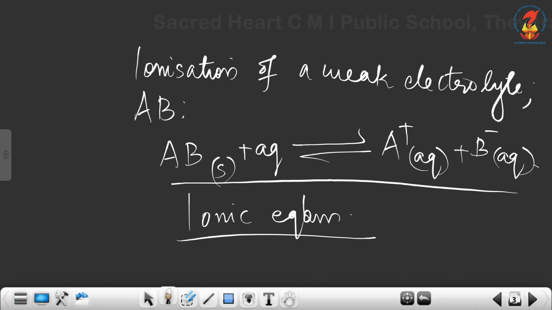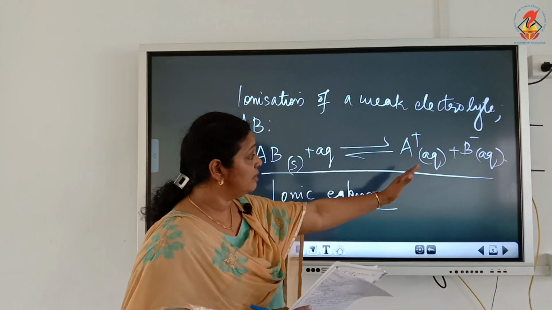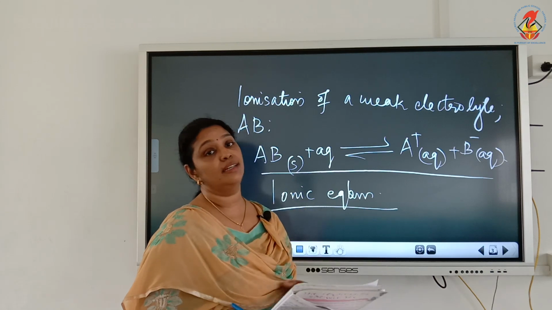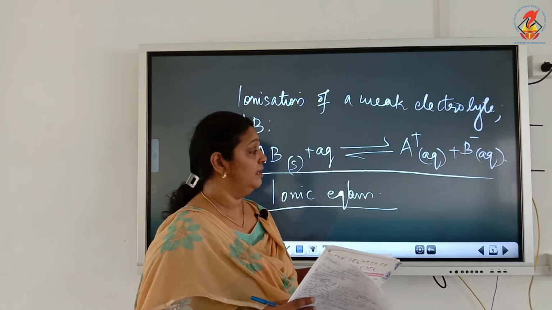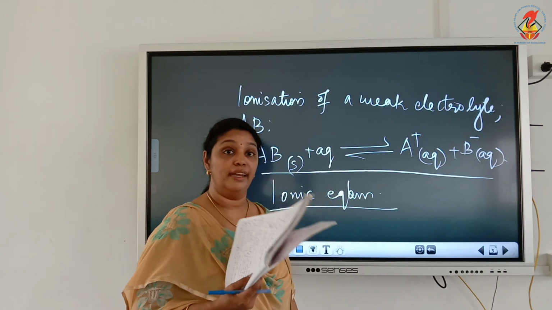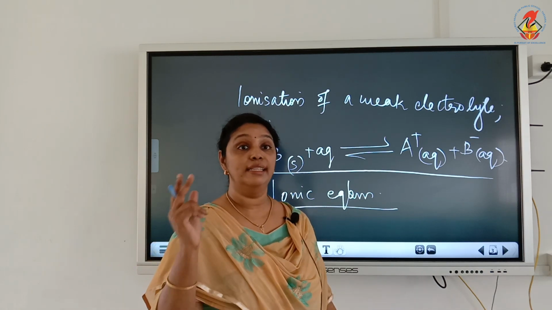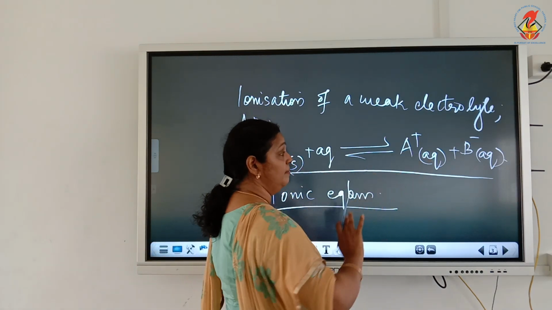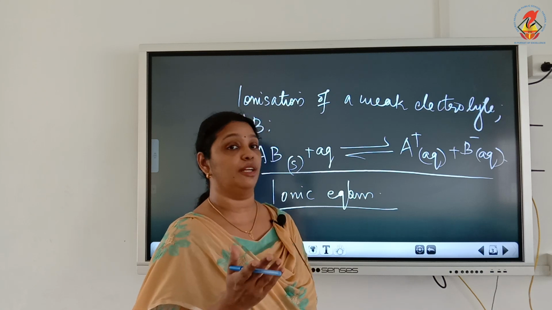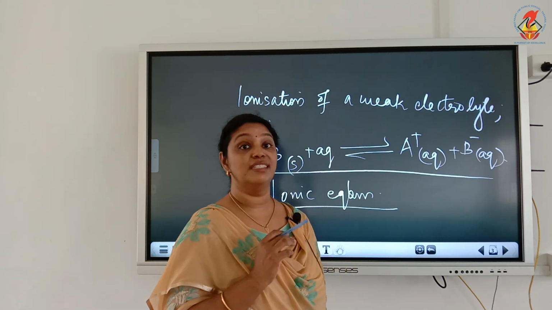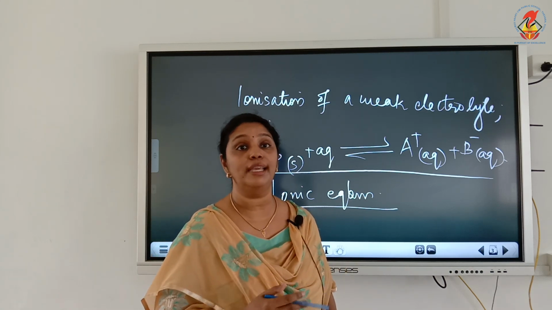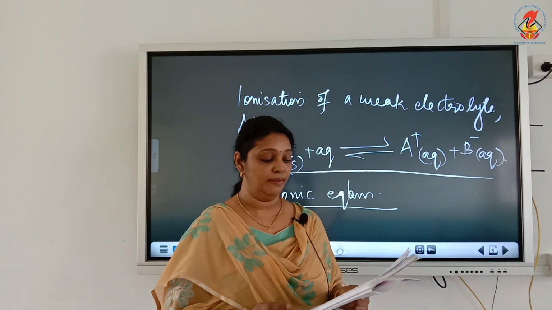In ionic equilibrium, the equilibrium is between the ions A+ and B- and the undissociated electrolyte, that is AB, because it is a weak electrolyte which is partially ionized in solution.